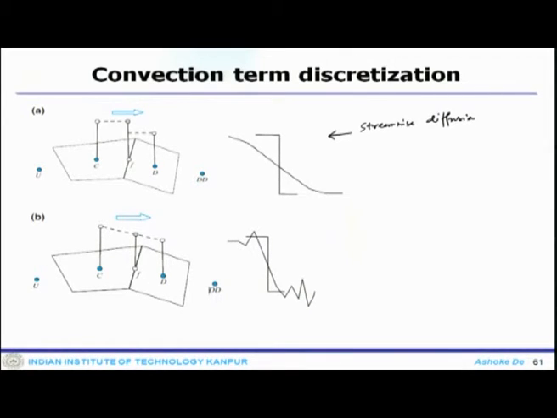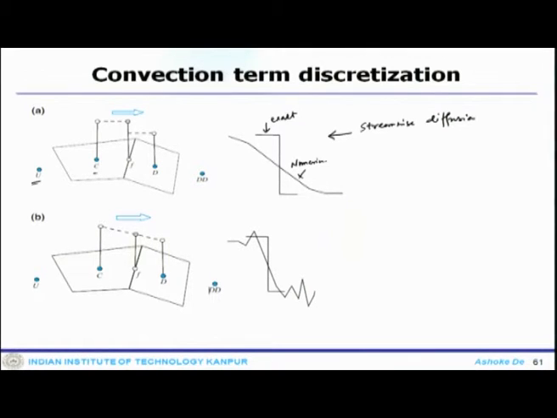So, you have this flow field going in this direction, this is upstream, this is the cell center, this is the exact solution and this is the numerical solution. Okay. So, the streamwise numerical diffusion can be reduced by a higher order scheme.